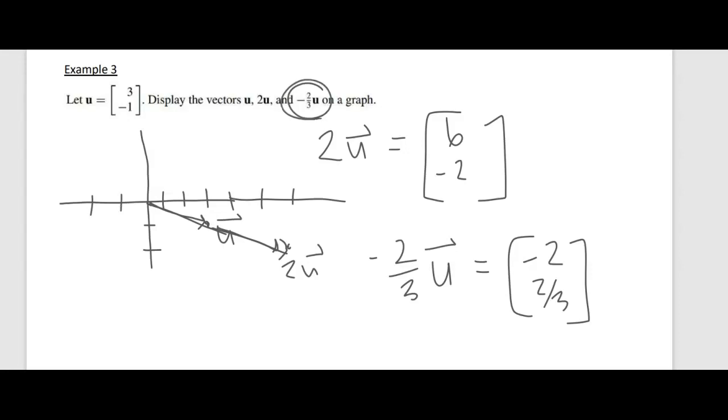So I shorten this, and then notice the negative makes the vector go in the opposite direction because it reverses. If I had a positive x, I now need a negative x. I had a negative y, so I now need a positive y because of that scalar in the front. So I shortened it by a factor of 2/3, and I need it to go in the opposite direction when that vector has a negative scalar in the front.